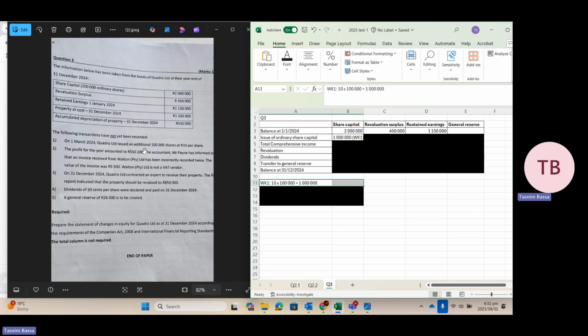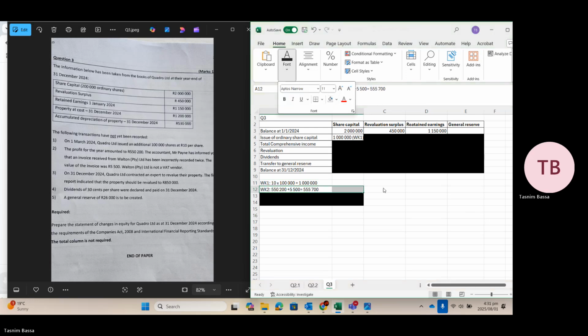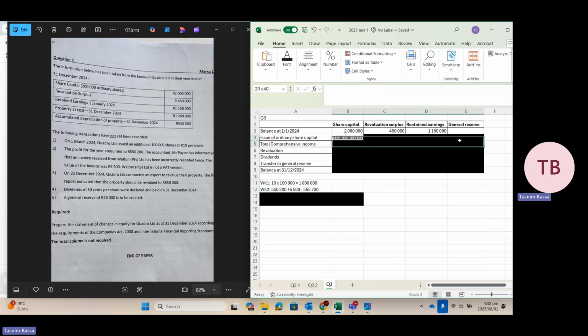So it'll be 550,200 plus 5,500, which gives you 555,700. And then total comprehensive income for the year, you would put in your profit and it'll go in the retained earnings column because your profit for the year increases your retained earnings.